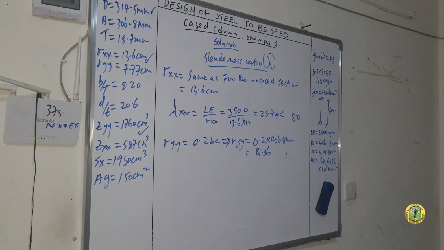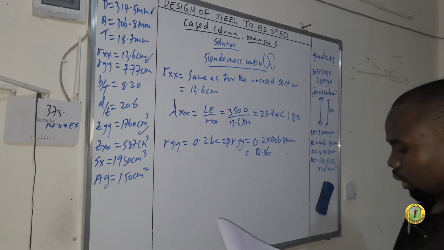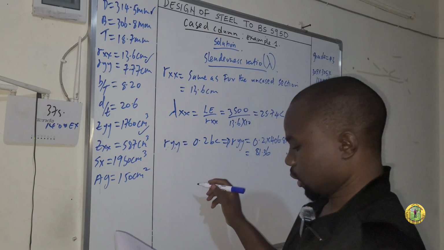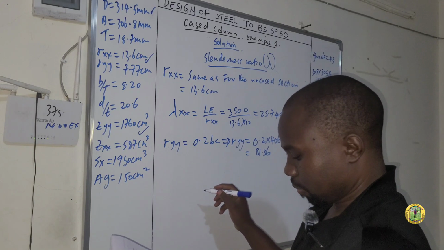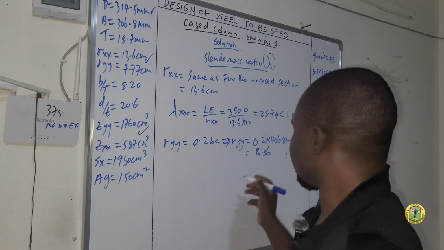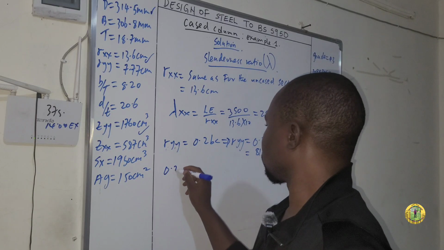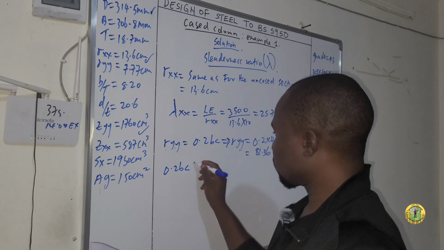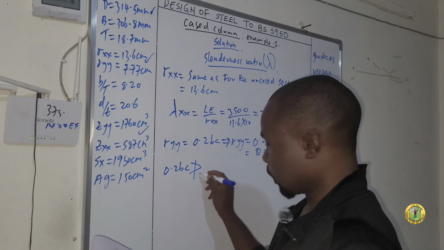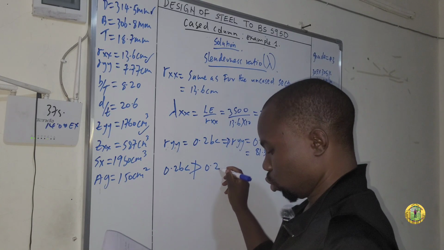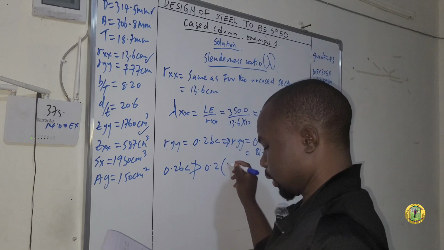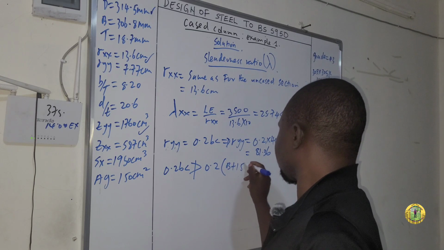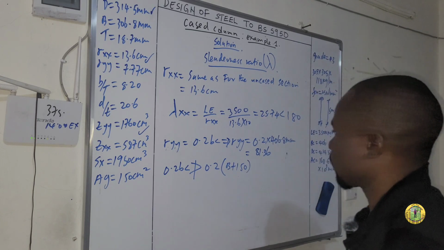The limit is that 0.2 BC must not be greater than 0.2 into bracket B plus 150. So let's check.